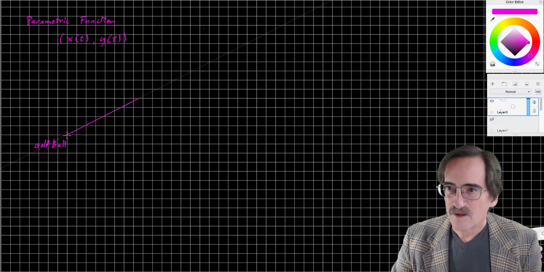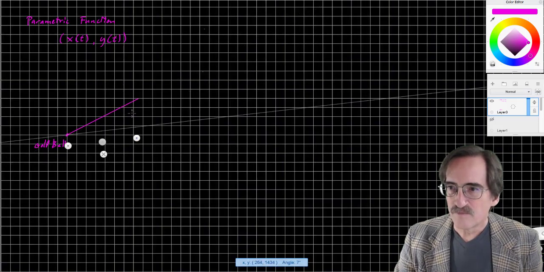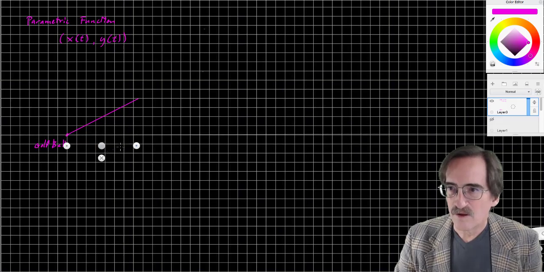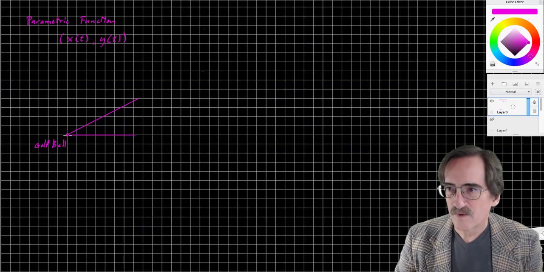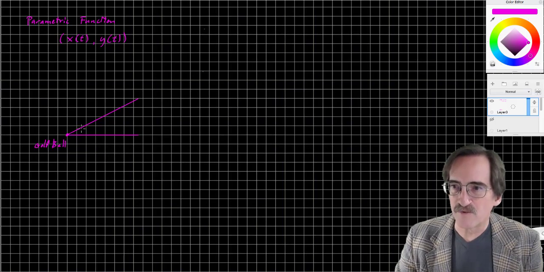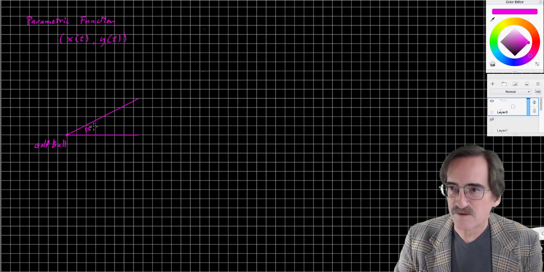So the angle made with the ground is 35 degrees.